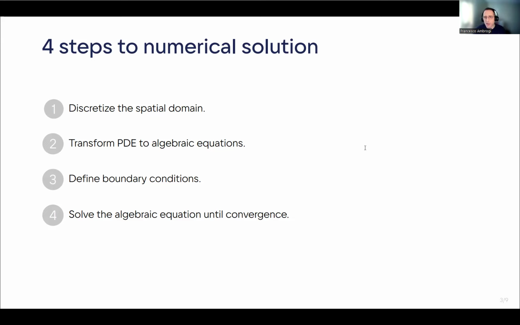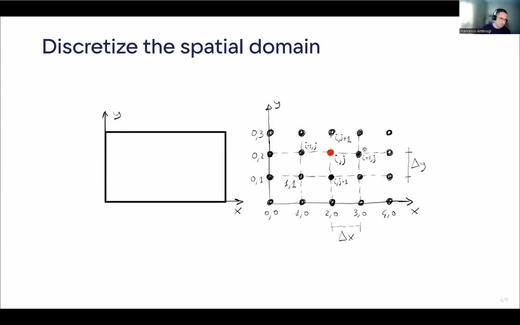Step 2 is the transformation of the partial differential equation to algebraic equations, equations that can be solved using a computer. Step 3 is the definition and application of boundary condition, and finally step 4 is to solve the algebraic equation until convergence. And we will see very soon what this actually means.